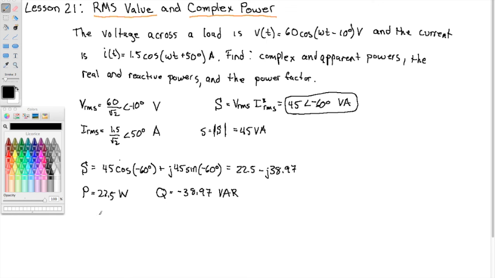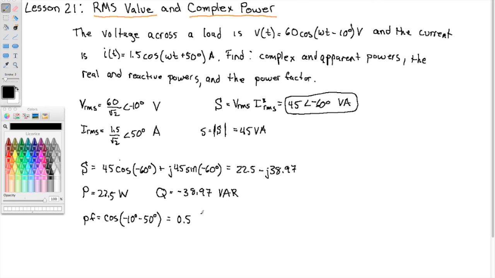Okay, so the power factor here, PF, that's the cosine of the angle in between these two. So that's minus 10 degrees minus 50 degrees. So that comes out to be 0.5.